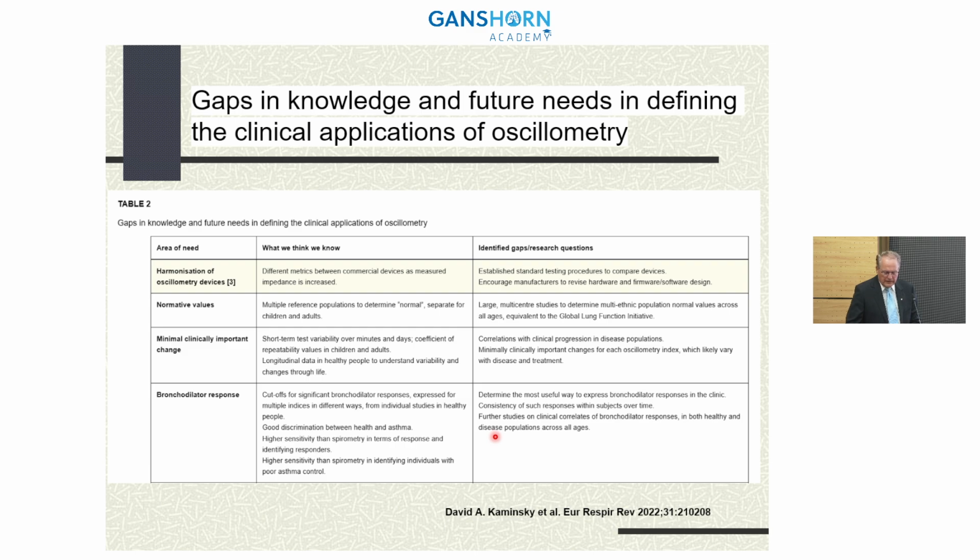If you look at Dr. Kaminsky's paper, as far as the gaps in knowledge and the future needs for defining clinical applications for oscillometry, certainly harmonization of the devices itself and settling in on particular parameters.